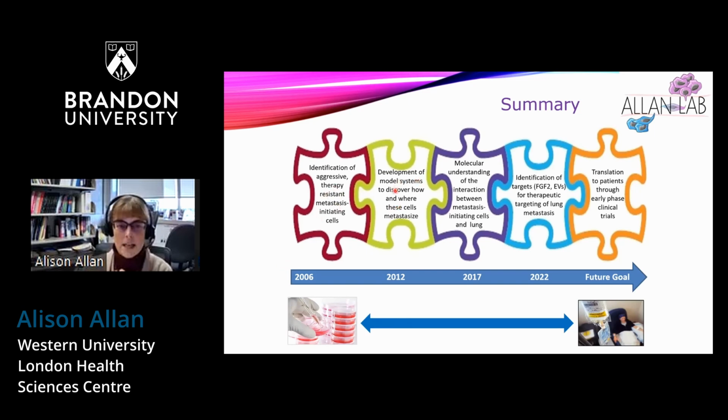We didn't find any models that we liked, so we made our own models and tested them and validated them. Then we started using them to gain an understanding of the interaction between cells and help us answer our scientific questions. Now we're starting to identify potential therapeutic targets, and our goal, again, is to move this into translation to benefit patients either as biomarkers or therapies.